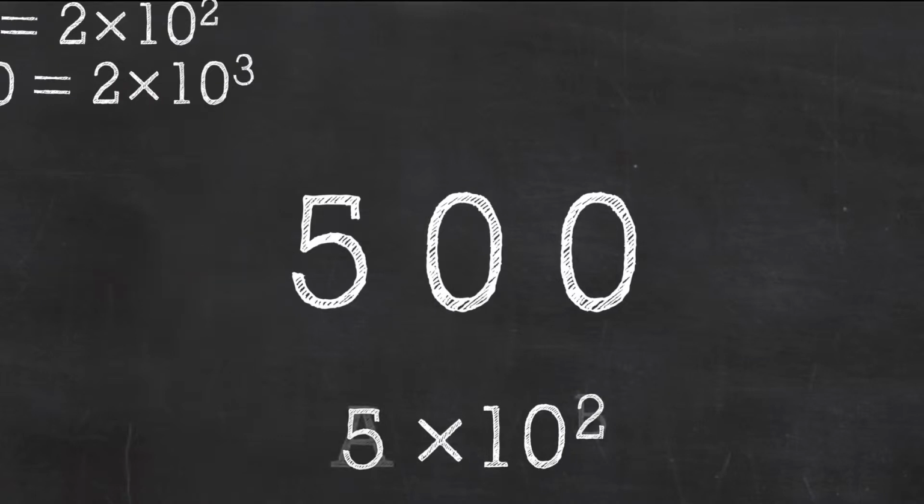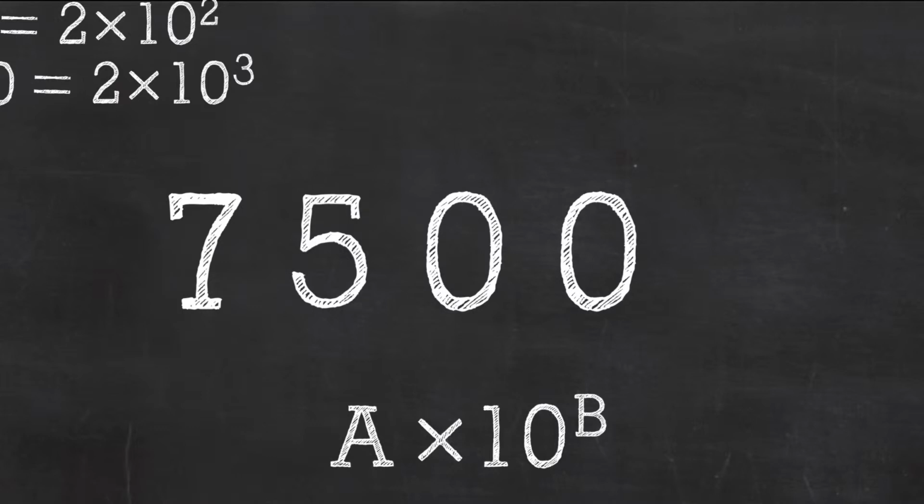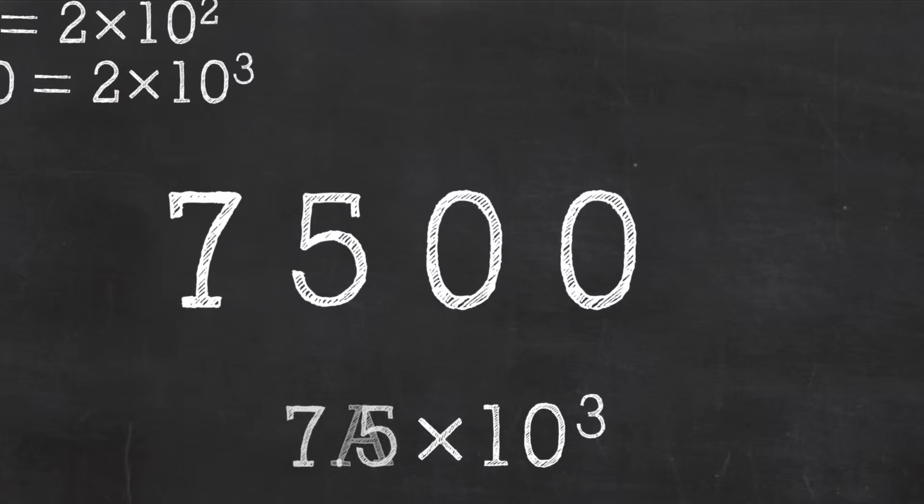How about writing the number 7500 in scientific notation? This time, the decimal point hops over 3 digits, so the number B is a 3. If we remove the zeros that the decimal point hopped over, we're left with 7.5, so the number A is replaced by 7.5.